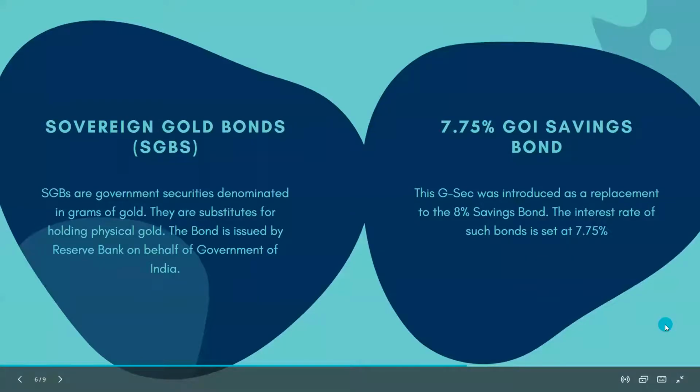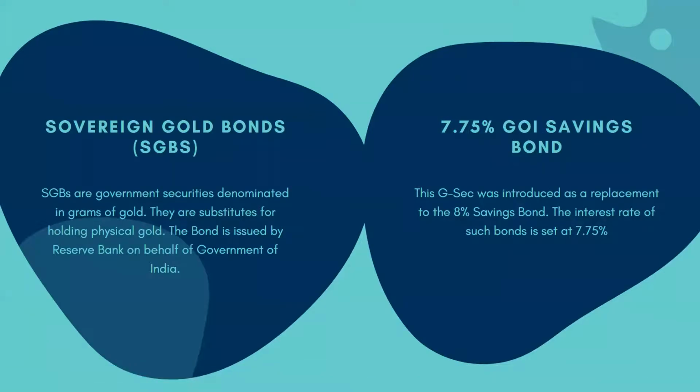The third type of bond is the sovereign gold bonds. What does it mean? The central government issues sovereign gold bonds where entities can invest in gold for an extended period without the burden of investing in physical gold.